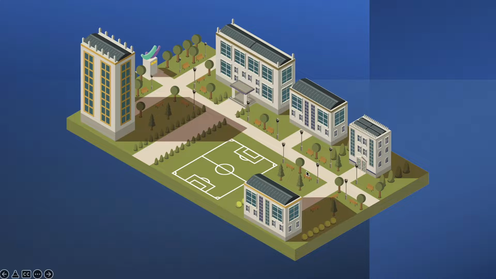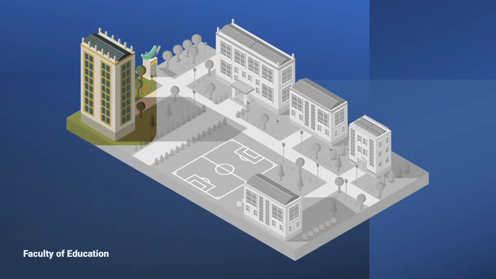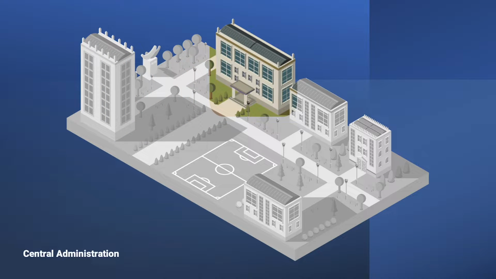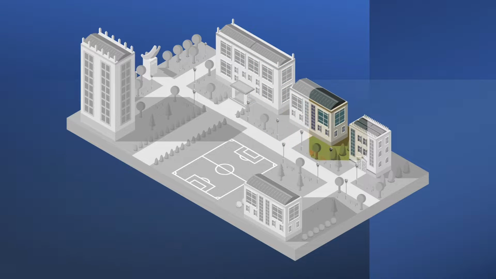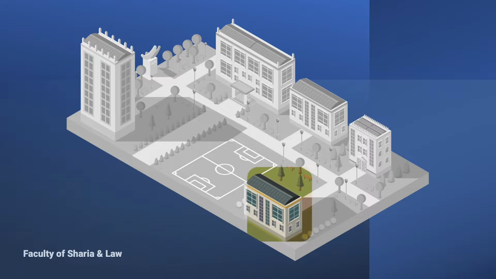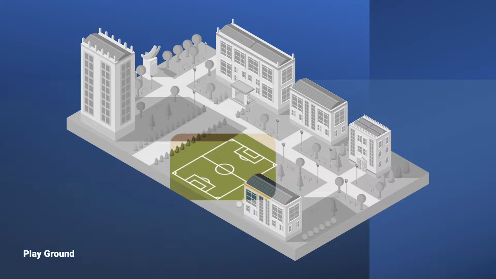Welcome back. In this tutorial, we are going to present our university in two different ways. Our first method will be this. We'll be highlighting each part of the university, each faculty and center separately to focus on that center or faculty, to make it attractive and nice at the same time.